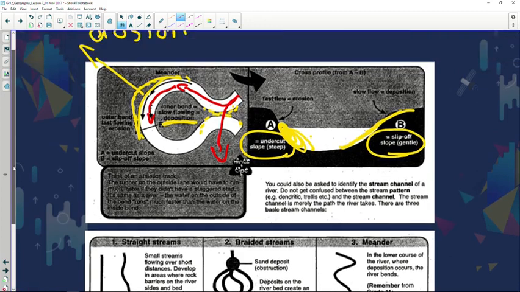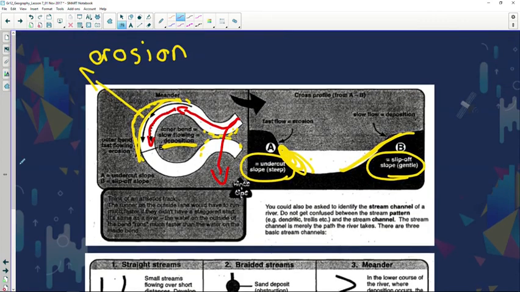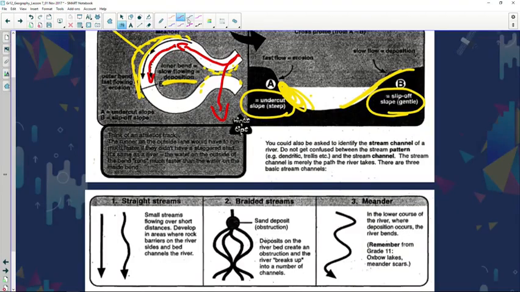And then we have braided streams, but that's because of severe deposition taking place. Now think of hair that's being braided. The hair is the actual streams of the river. But in between, we have deposition taking place, small islands. It looks like small islands in the lower course of the river.